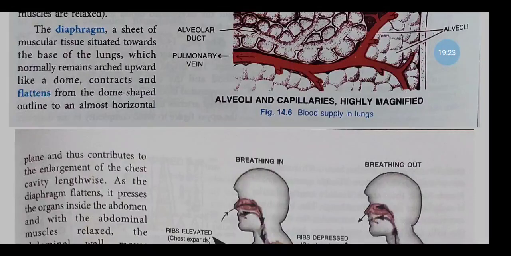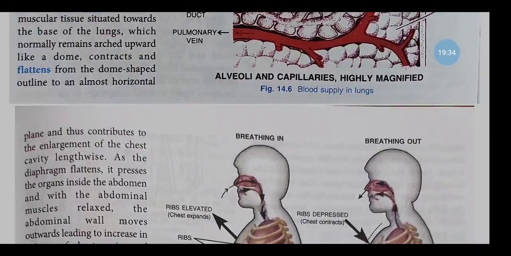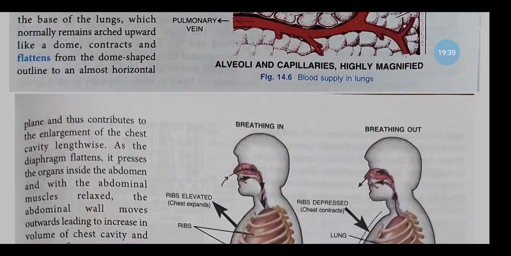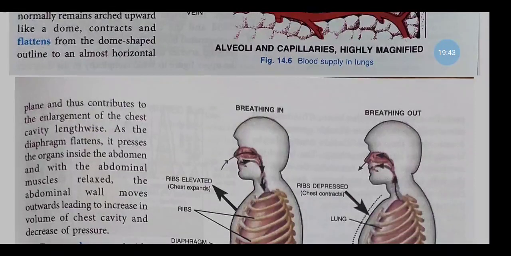As the diaphragm flattens, it presses the organs inside the abdomen, and with the abdominal muscle relaxed, the abdominal wall moves outward, leading to the increase in volume of chest and decrease of pressure.